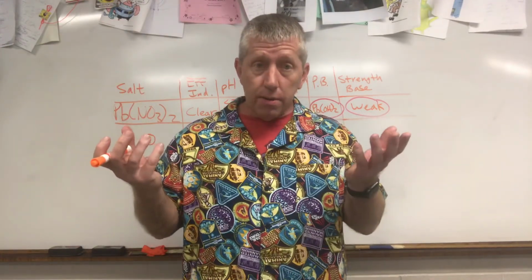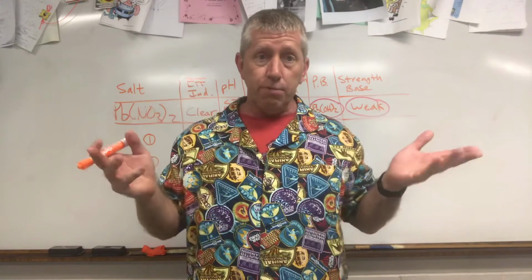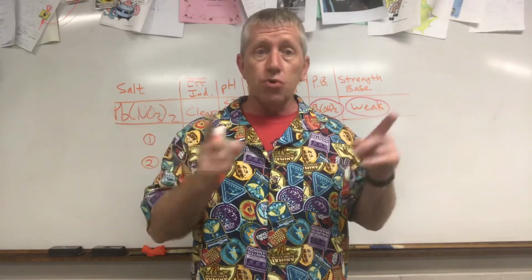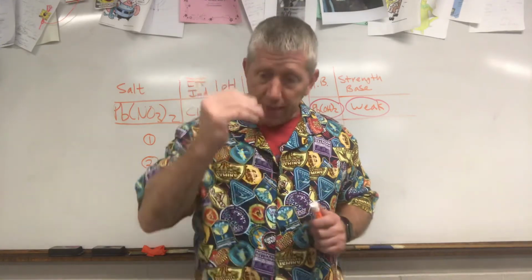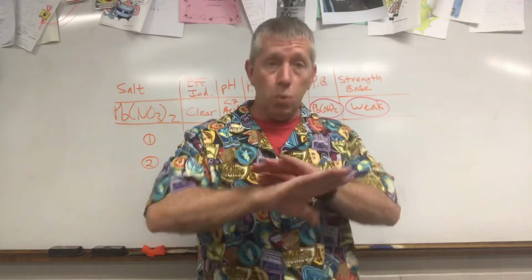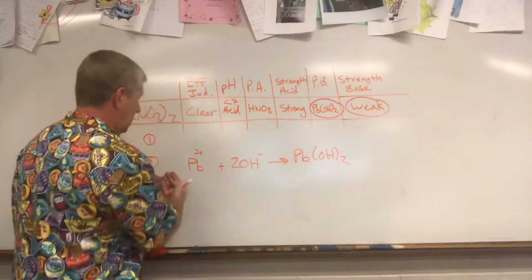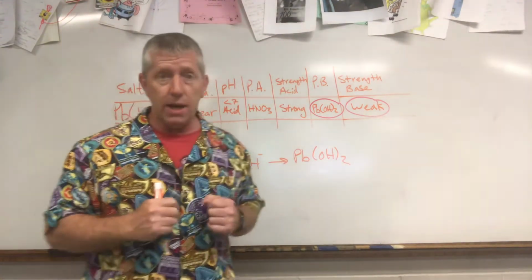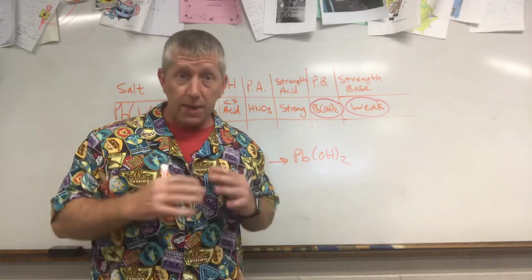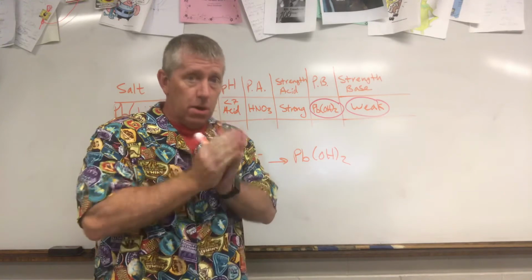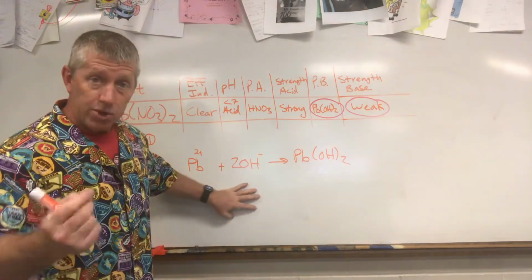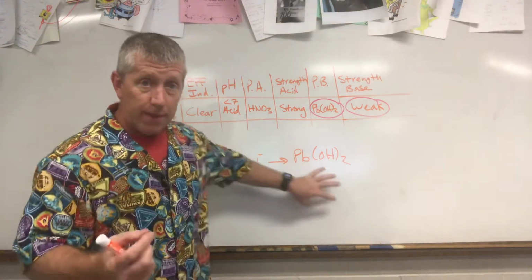Strong and strong can't stick together. Everything stays separated. So what happens with strong acid and strong base? That should be a neutral solution. You will not have a net ionic equation for that reaction. So out of these 7 salts, one of them you will not do the net ionic equation. But the other 6 have something in them that's weak, and you're going to write a combination of the 2 ions that form that weak thing.